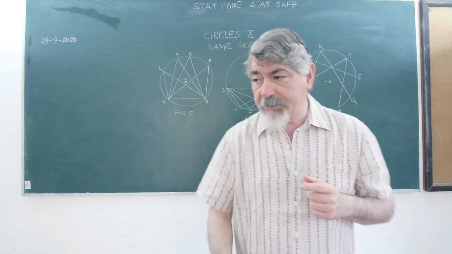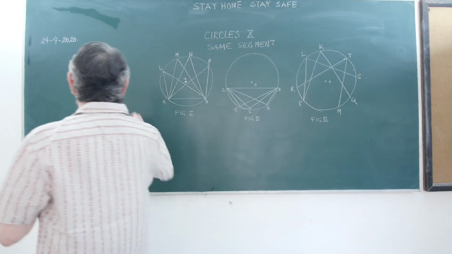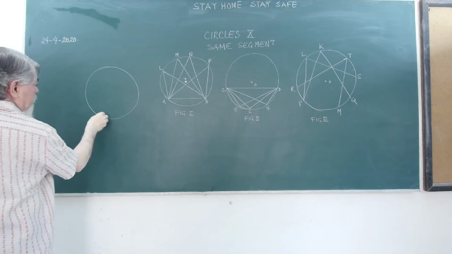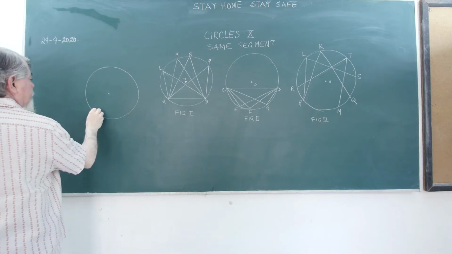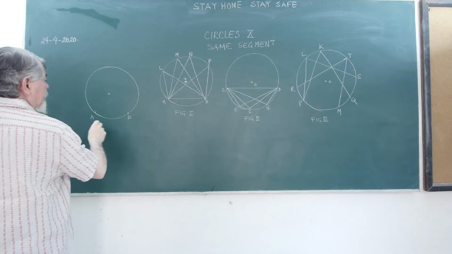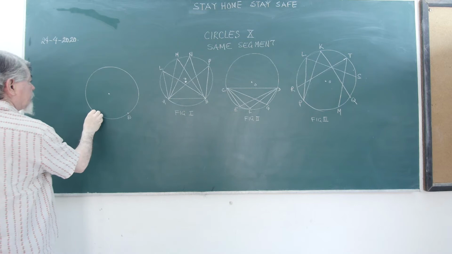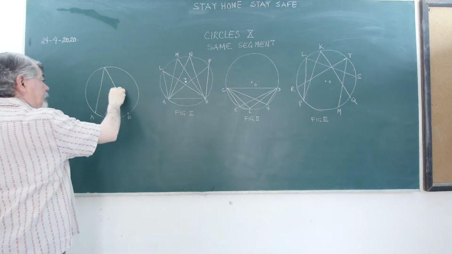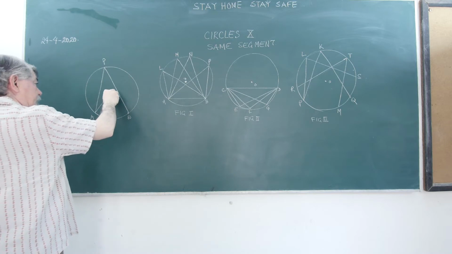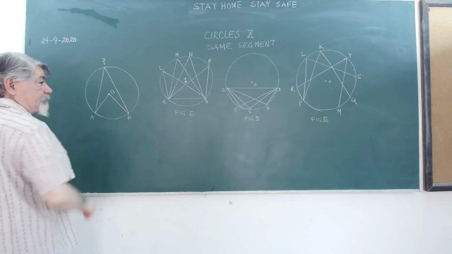We had discussed that angles. This is a circle. Any arc AB subtends an angle APB at the circumference and subtends angle AOB at the center.